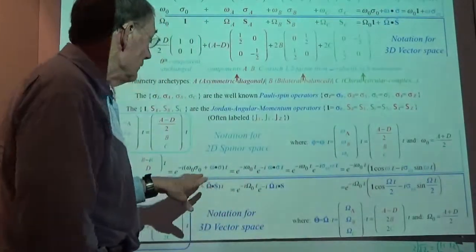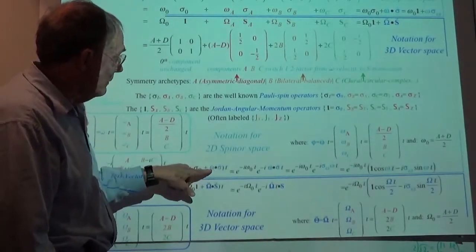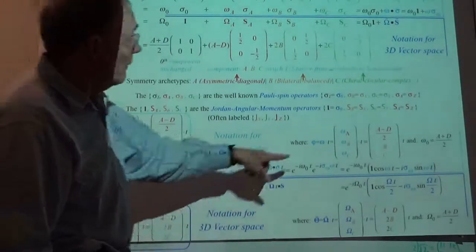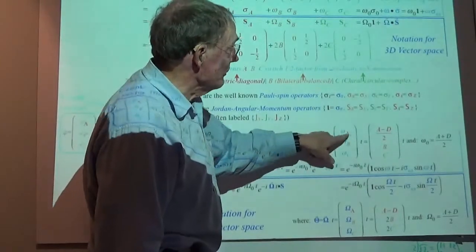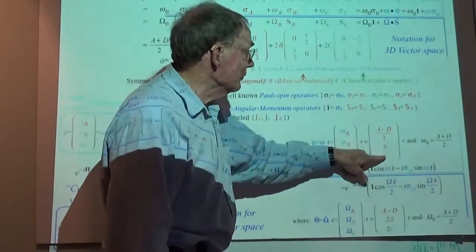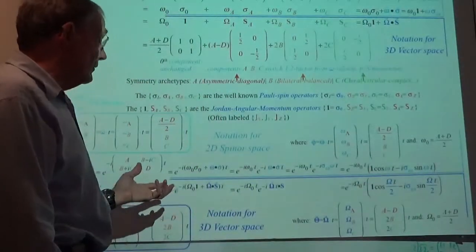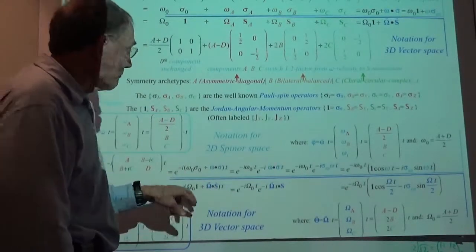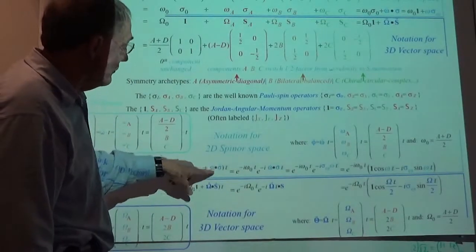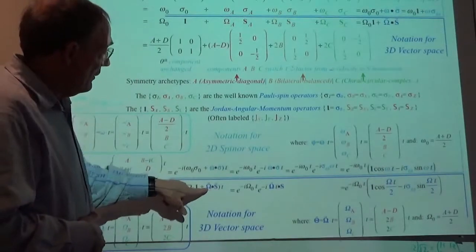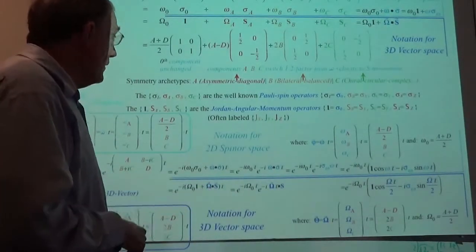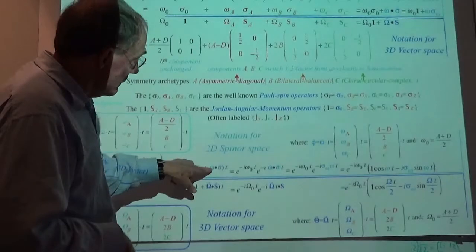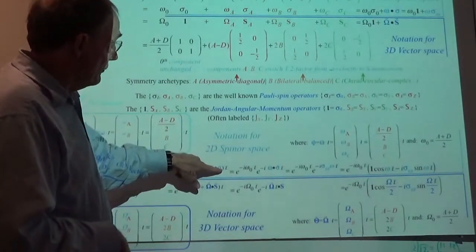And you can see that we have these dot products between a set of numbers, either the little omegas that are being used for the spinor space, where I have A minus D over 2 and the plane B and C, or, and this is the thing that we do to take us out of the spin-1/2 space into the space we live in, here is an omega that represents a higher frequency, and so we have the omega dot S equal to little omega dot little s, Greek sigma.